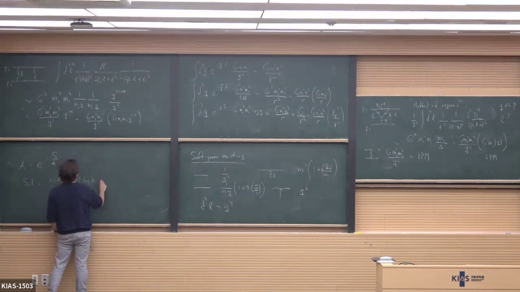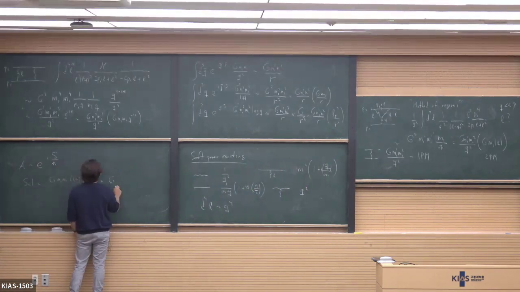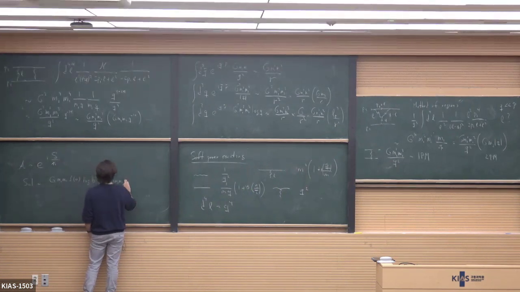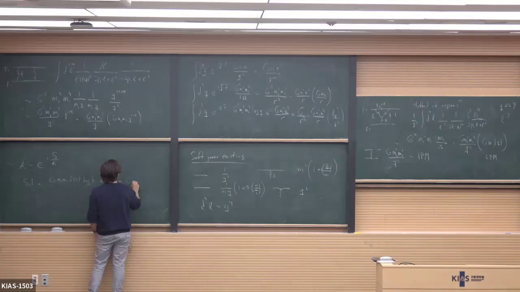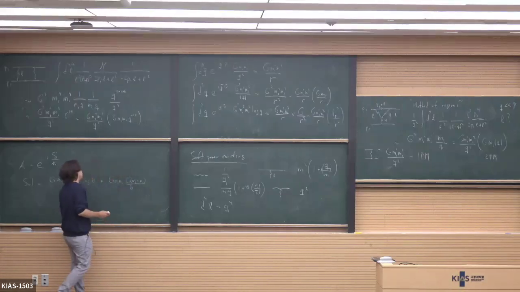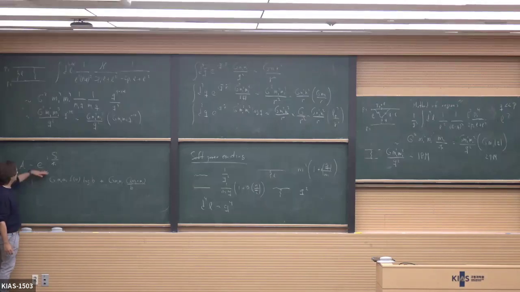So the correction to this classical thing, which we expect, is something that goes like G m1 m2, and then G m over b, maybe m1 m2. However, when I expand this exponential, I can get this squared.